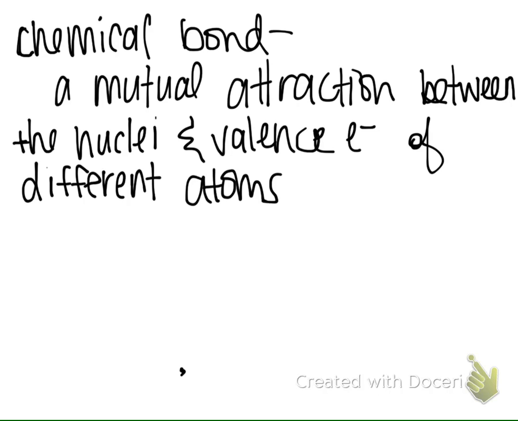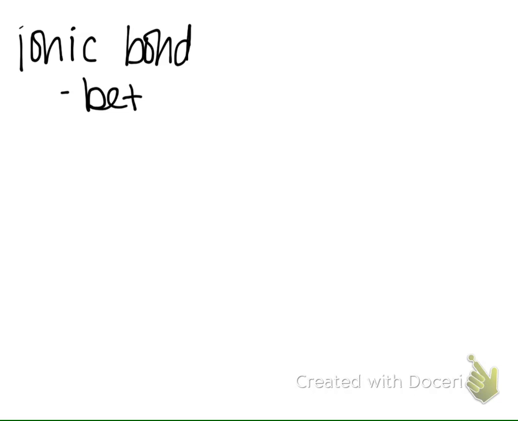The first of which is an ionic bond. What types of atoms are ionic bonds between? Exactly, between a metal and a nonmetal.